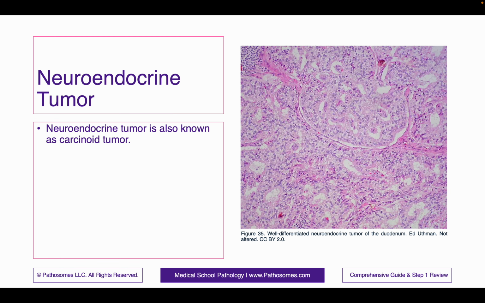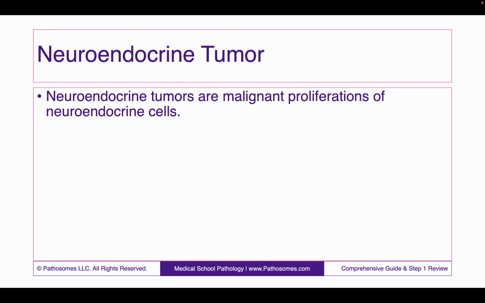Now, importantly, neuroendocrine tumor. Neuroendocrine tumor is also known as a carcinoid tumor, okay? And these can present in the small bowel, right, in the gastrointestinal tract. Neuroendocrine tumors are malignant proliferations of neuroendocrine cells. And do you remember what they stain for? Because we talked about this.